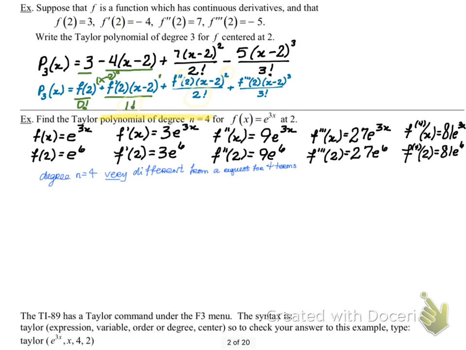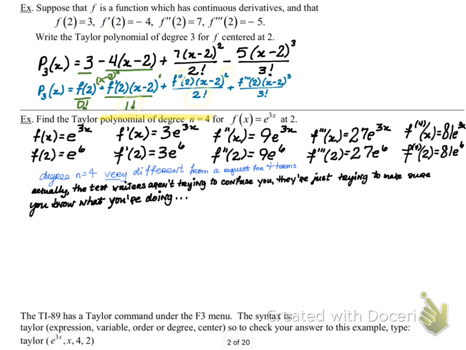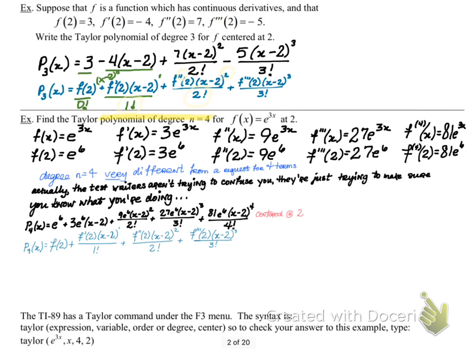They are not asking for 4 terms, and they will ask for both to try to confuse you. Now, using that same formula, we can create a Taylor polynomial of degree n equals 4 for the function f of x.